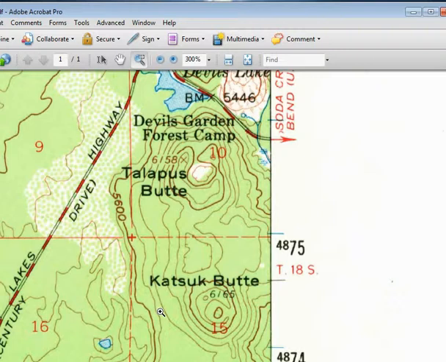You can count up by 400 and not have to count every index line. And then I've got 1, 2. So the beginning of that elevation would be here. It's really nice to figure out the overall change between those index lines, and that lets you add things up really quickly instead of having to count every contour.